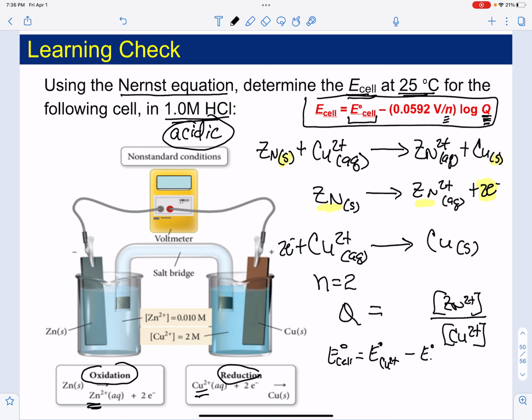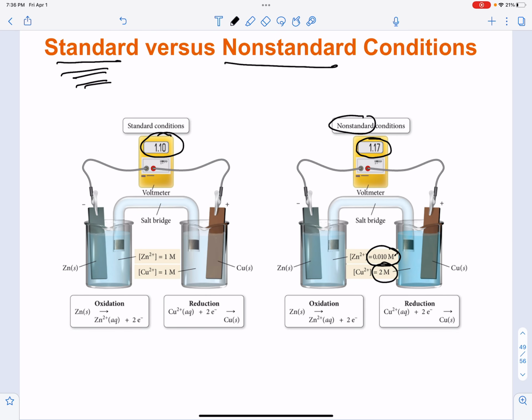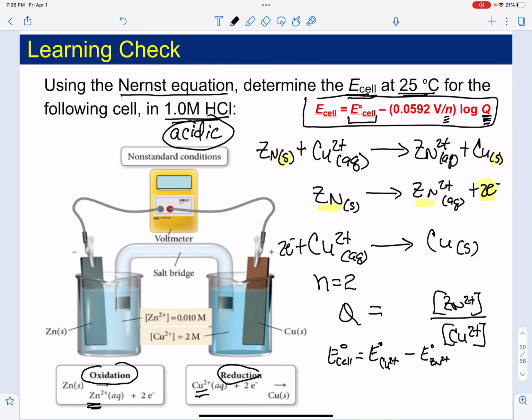But what I find on the table is the one. Remember, the table only shows reduction, so I'm going to do it for the zinc 2 plus. And when I do the operation, which we had done before for this reaction, the answer is going to be 1.10. So E cell equals 1.10 volts.